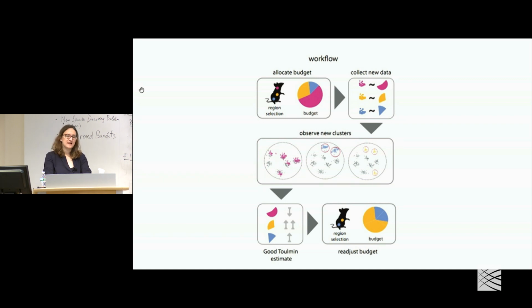Maybe there's a region that's not very interesting, so it has very little diversity. If you're an immunologist, maybe you can think about receptor diversity and all sorts of questions related to that. So you might not want to focus on one region at all, and instead readjust the budget you're interested in investing in that particular experiment.